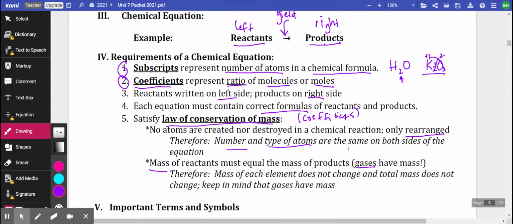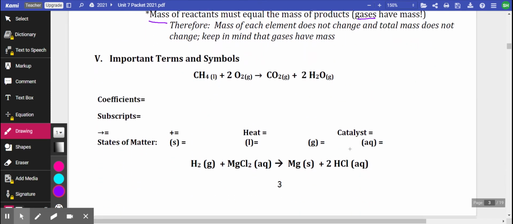All right, the symbols that we have in our chemical reactions include the yield sign here. So this is your yield sign. You have your reactants on the left, products on the right. You have your chemical formulas with the little numbers being the subscripts that are part of the chemical formula.